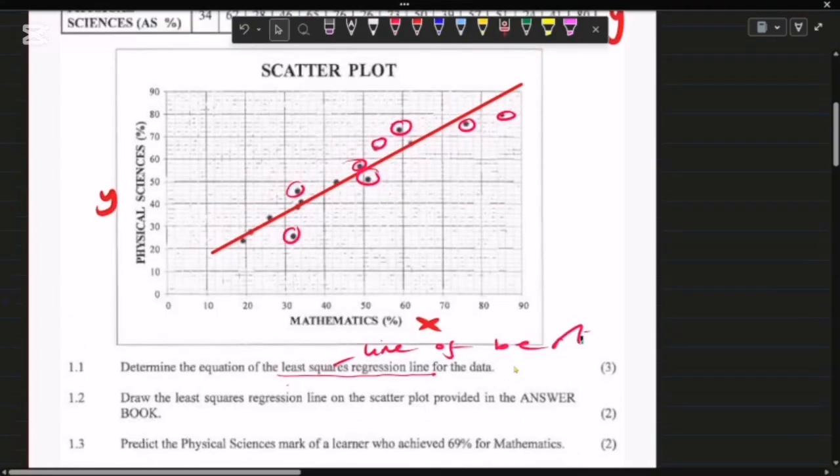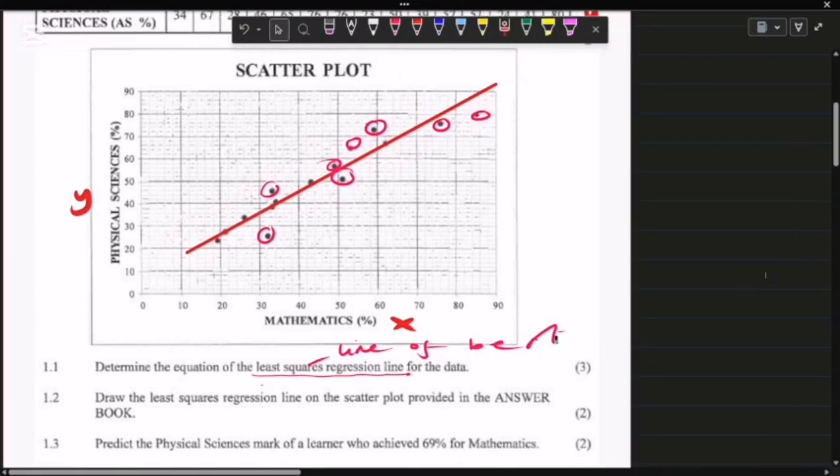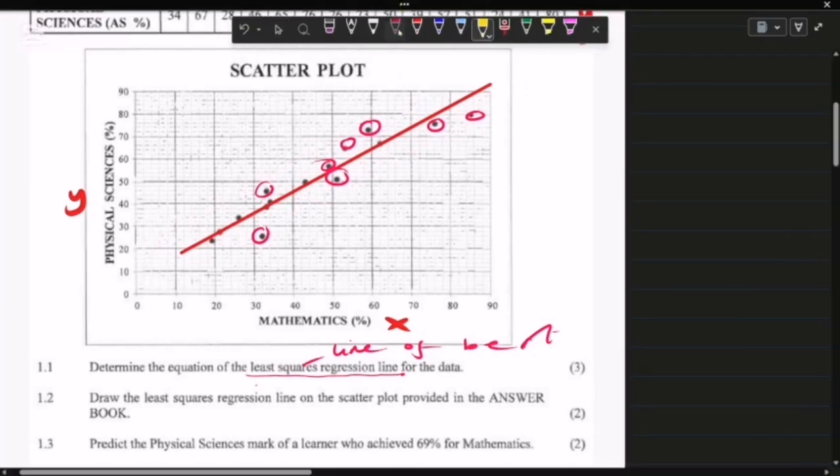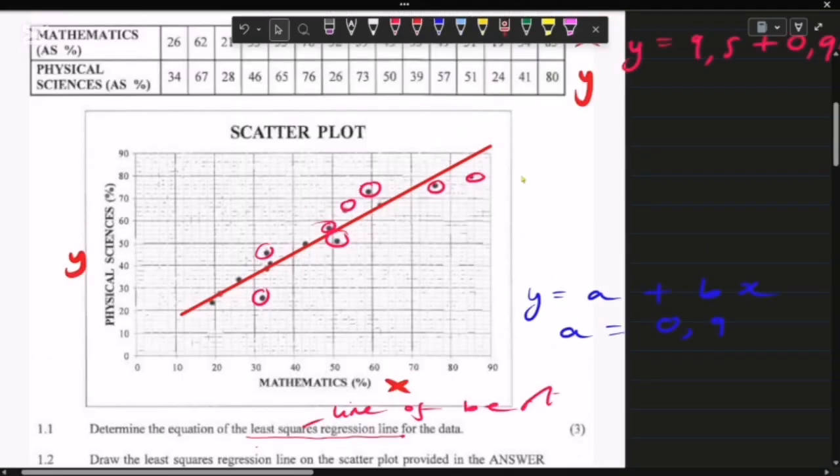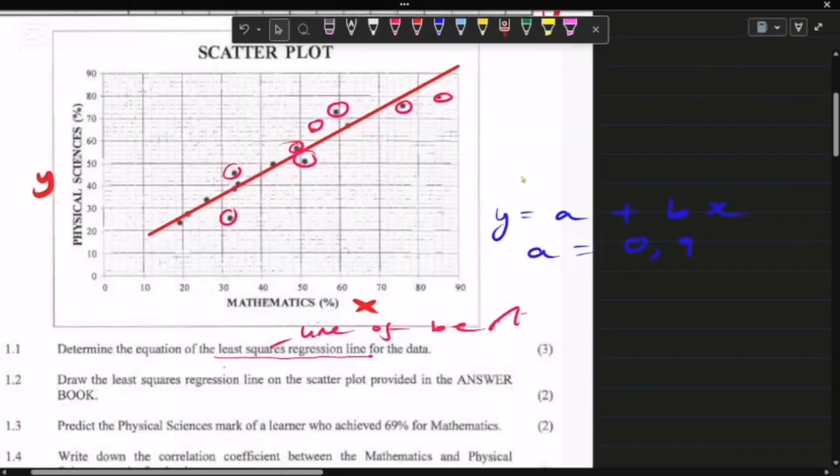Now we have done this already in a previous session. We said that the equation of the line of best fit is given by this form: y is equal to a plus bx, and then we saw that the value of a is, let me just check, it's 9.5 actually.